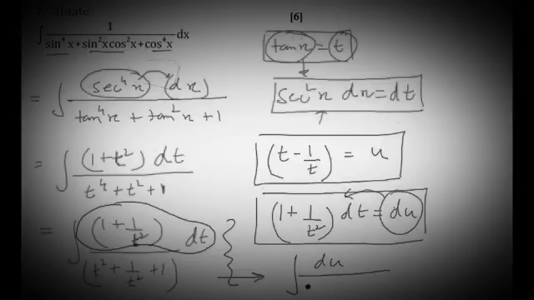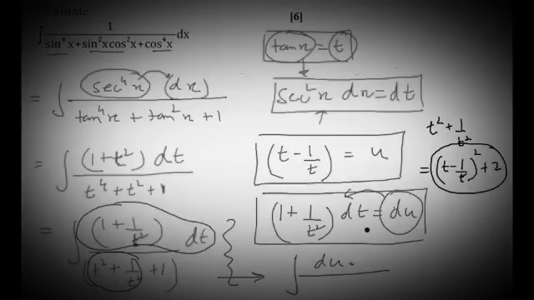And denominator, first of all, you need to see that t square plus 1 upon t square can be written as t minus 1 upon t whole square, but then we are getting minus 2 extra, so let us add 2 also, right? So this is the value of t square plus 1 upon t square, but t minus 1 by t is nothing but u.